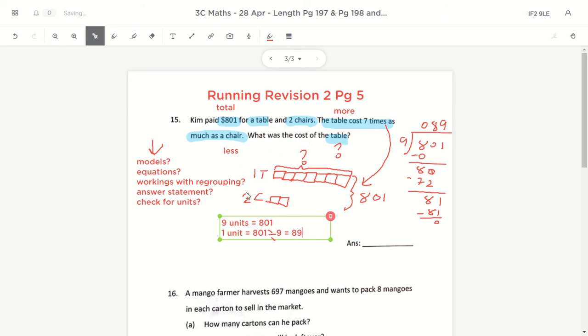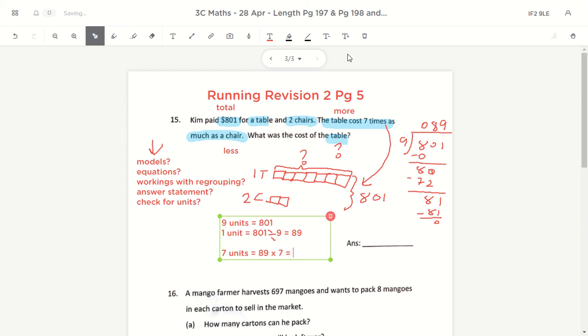So how much is one table? All I need to do, very simple, is to find 7 units. Why 7 units? You realize that the table is 1, 2, 3, 4, 5, 6, 7 units, so 89 times 7.